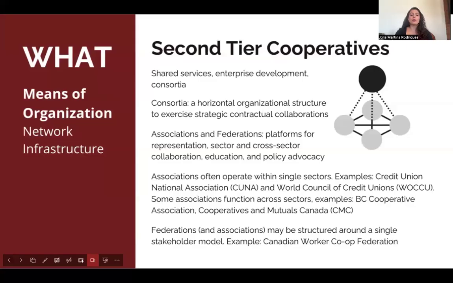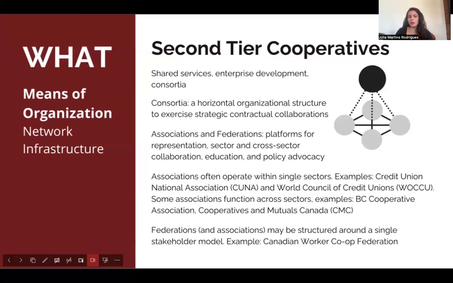Now, what I'm going to say now is not a rule, as we will see lots of associations and federations outside these boundaries, okay? But in general, associations often operate within specific sectors, like the Credit Union National Association or the World Council of Credit Unions.